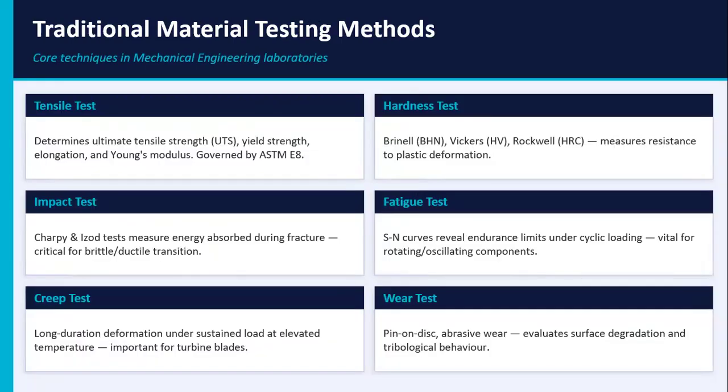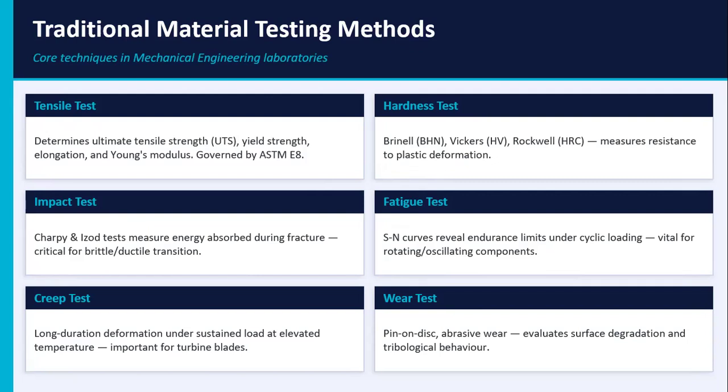Now let us see some of the traditional material testing methods that are already in use. Mechanical engineers commonly use several testing techniques. The tensile test evaluates the strength, ductility, and elastic properties. Hardness testing measures resistance to plastic deformation. Impact testing determines toughness and energy absorption.